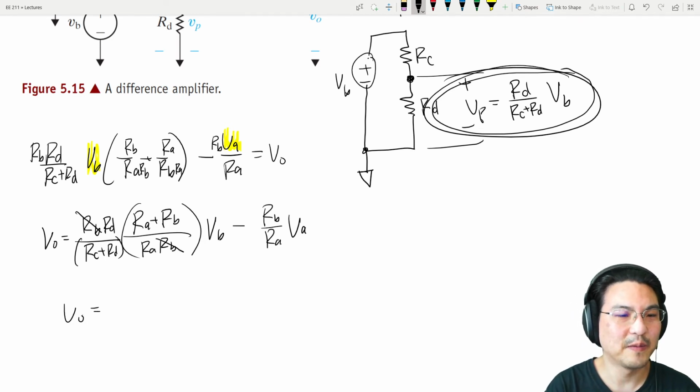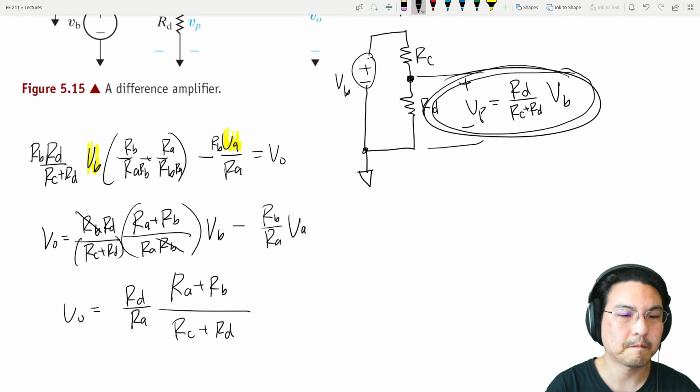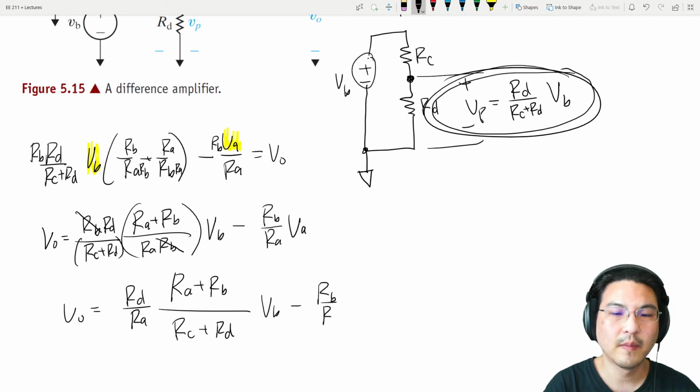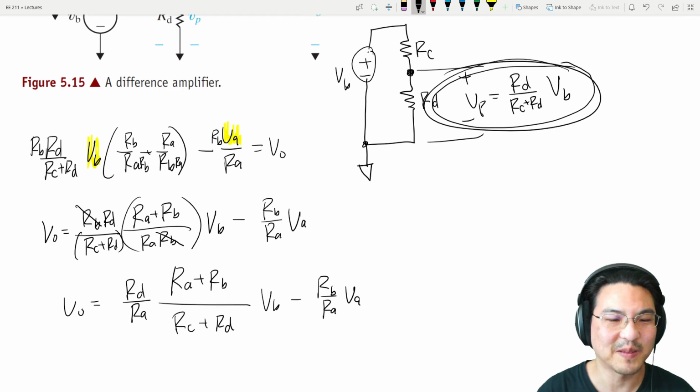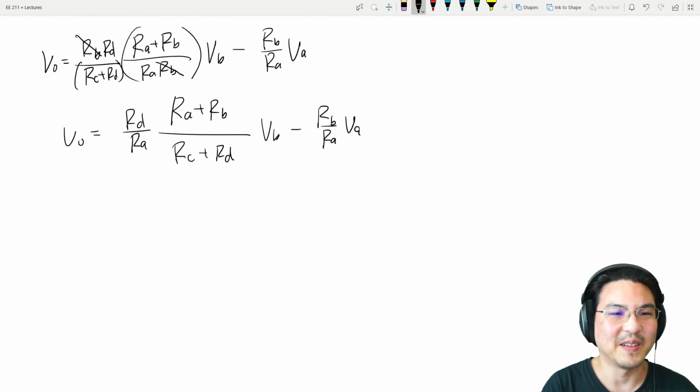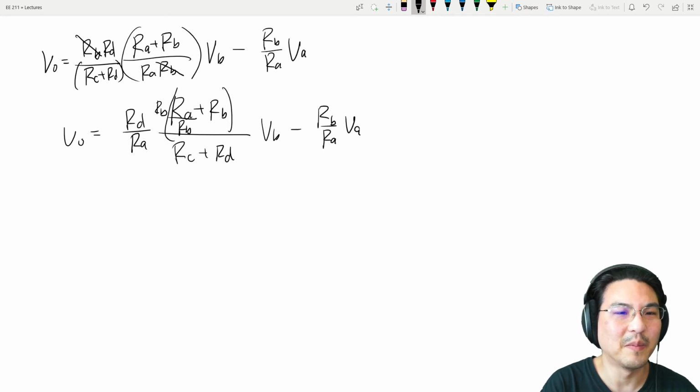So we have Rd over Ra. I think we can do a little bit better. Let's simplify a little bit more. If you see here, let me multiply this term right here by Rb, and then divide by Rb. And then I'll multiply this term by Rd, and then divide by Rd.